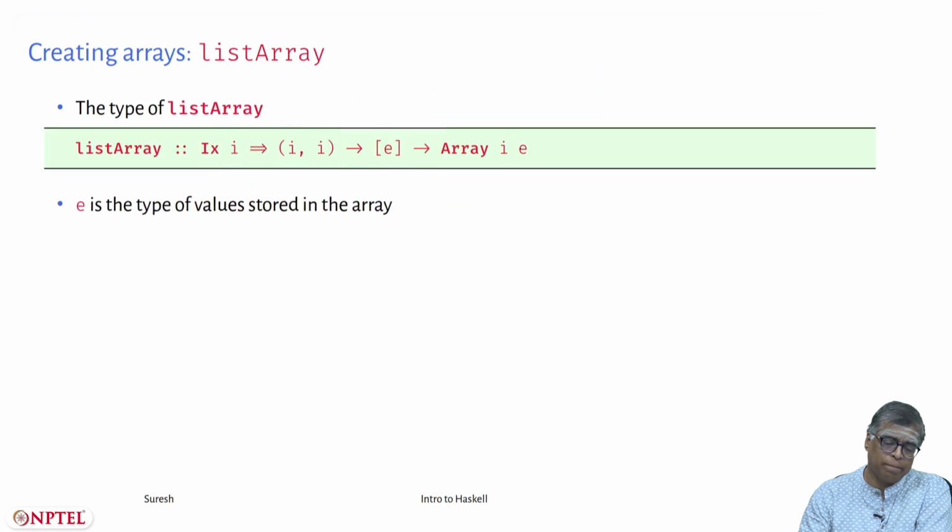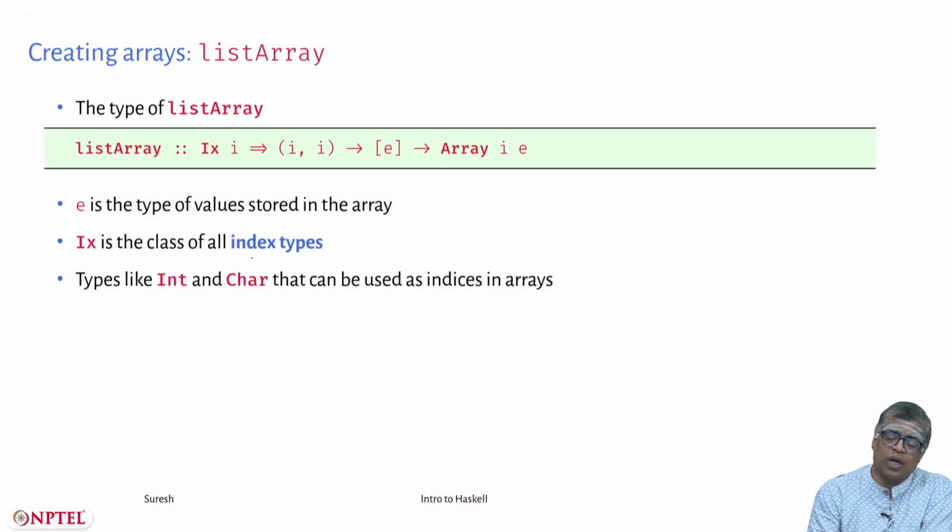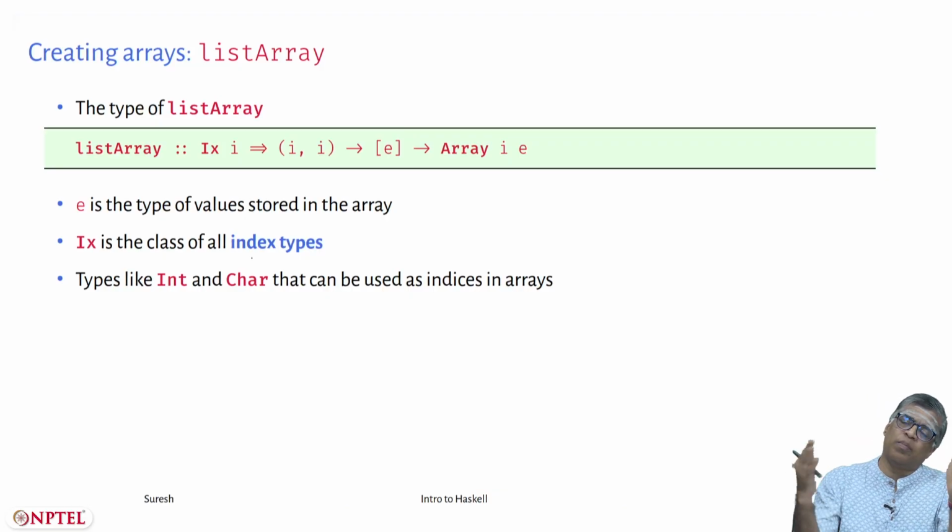So that is the function. e is the type of value stored in the array. Ix is the class of all index types. So types like Int and Char are all index types, and these are types that can be used as indices in arrays. That's all that we need to know now. You can even have some pair types, etc., as indices, because all I require is that I can mention some lower bound and upper bound, and there are only finitely many elements in between the lower bound and upper bound.